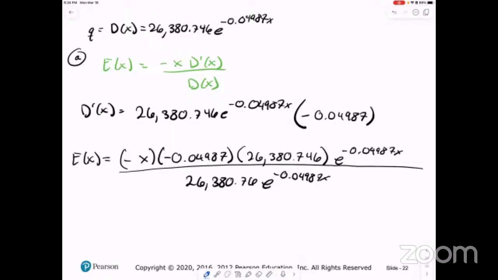I think this cancels all of this, and we're left with that. It looks like our elasticity of demand is 0.04987x.